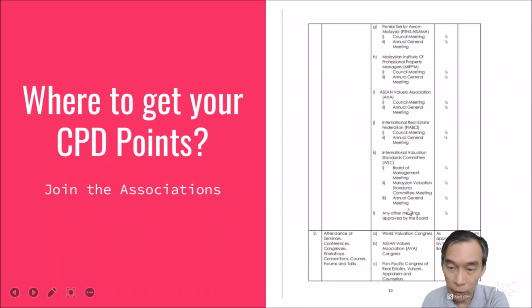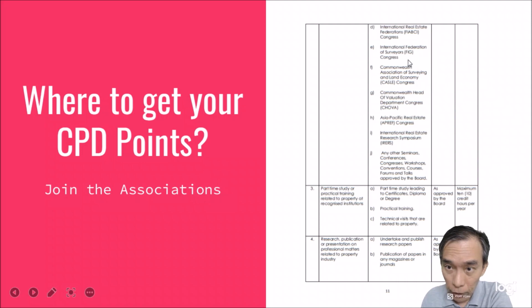The other one is attending seminars, conferences and workshops organized by these bodies, as approved by the board, which gives points according to how heavy the activity is. International Federation of Surveyors, International Real Estate Federation, Commonwealth International Real Estate Research Symposium, and any other seminar or conference approved by the board.